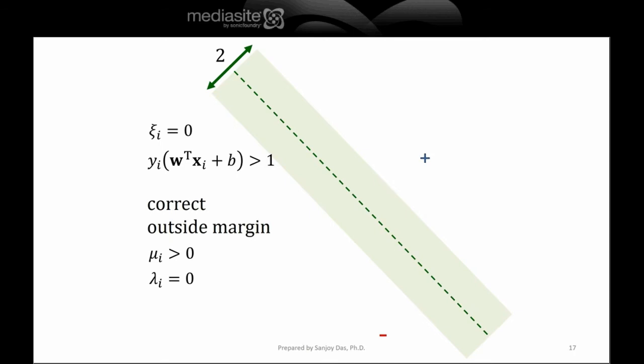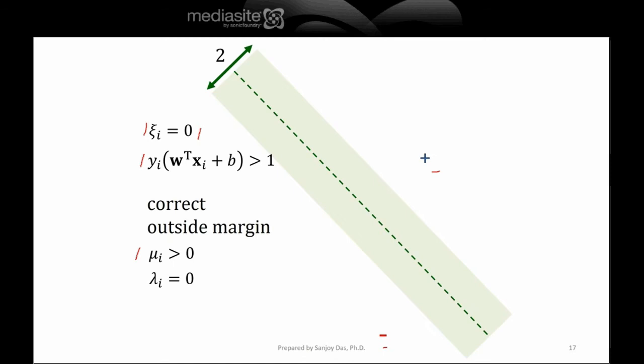Now let's take a look at what happens to zeta I and the Lagrange multipliers, the dual variables mu I. Now remember the complementary slackness conditions. So here this pair of points are both on the correct sides of the hyperplane and they're not violating the forbidden region. So there is no error, zeta I equals 0. Since zeta I equals 0, the Lagrange multiplier mu I has to be greater than 0, and this is an active constraint.